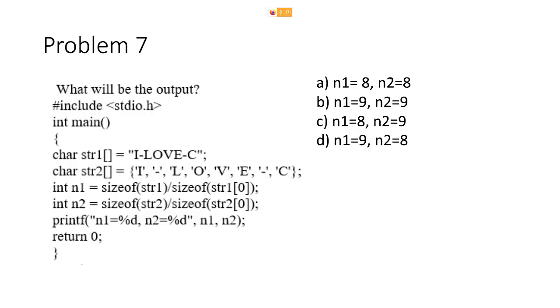Okay, so what will be the output of this program? Here we have for string. Can you write it instead of saying it? Write it in the comment. I'm asking you to write because I want others to also try.